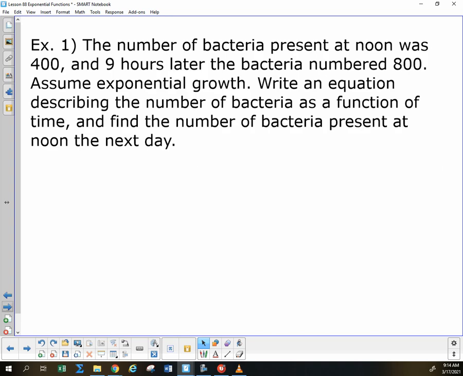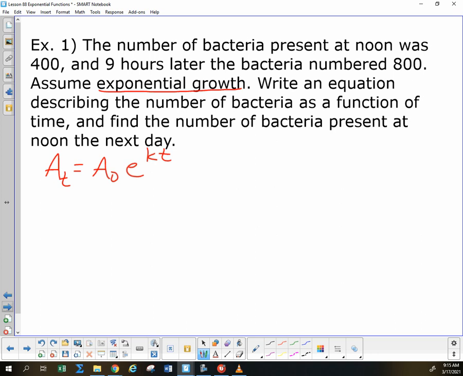The number of bacteria present at noon was 400. 9 hours later, 800. Assume exponential growth. So it is going to fit our model. So we always want to start out writing down the formula in general, and then we'll show our substitutions. So you need to write down the amount at time t is always the starting amount, e to the kt.